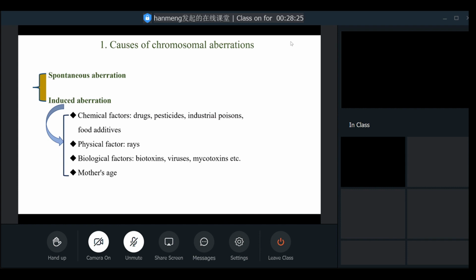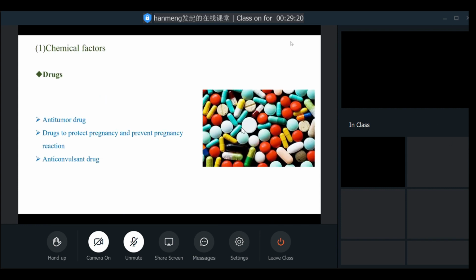So, the chemical factors: the drugs, the pesticides, the industrial poisons, and food additives. These chemical reagents we will go through one by one. First, the chemical factors, drugs.